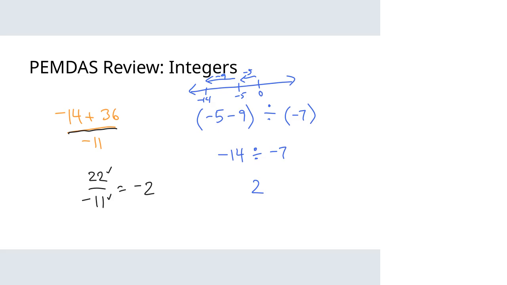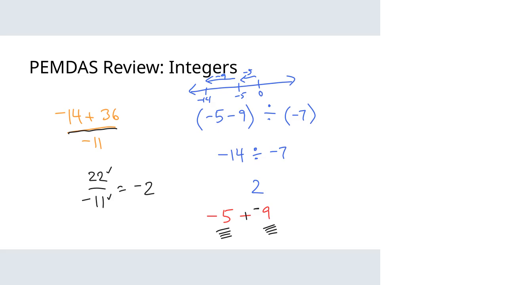Great question, Leslie. Let me look at that for a minute with you. So here, negative 5 minus 9. So we've got negative 5 minus 9. And remember, subtraction is the same as adding the opposite. So this is negative 5 plus negative 9.